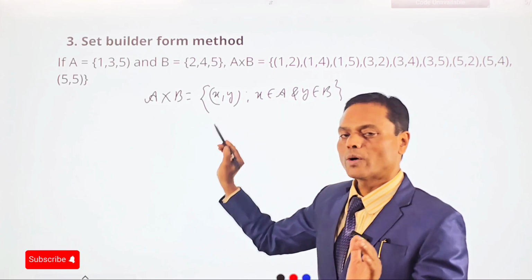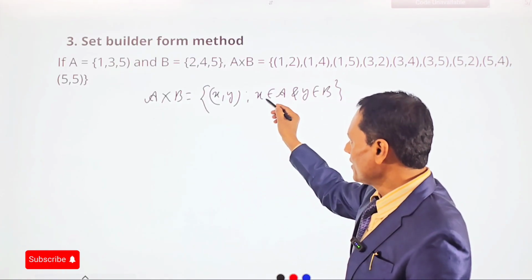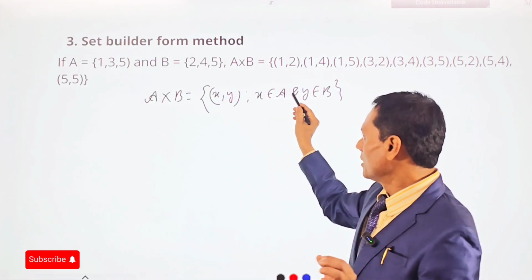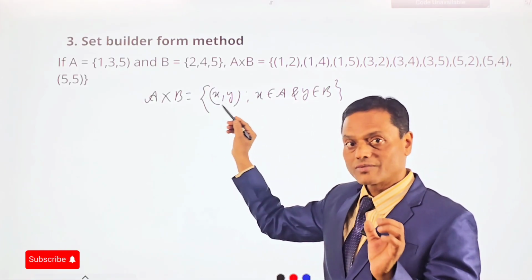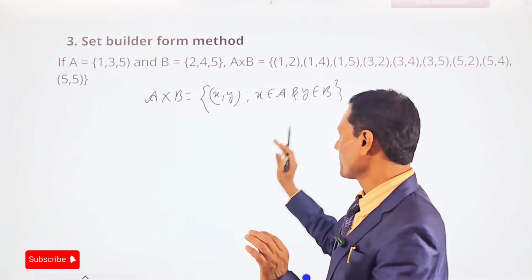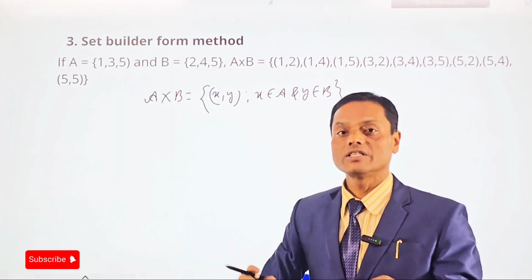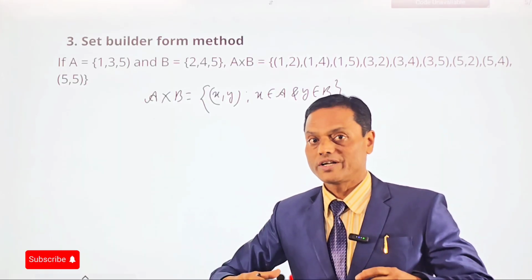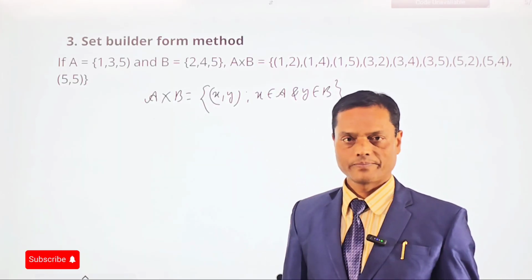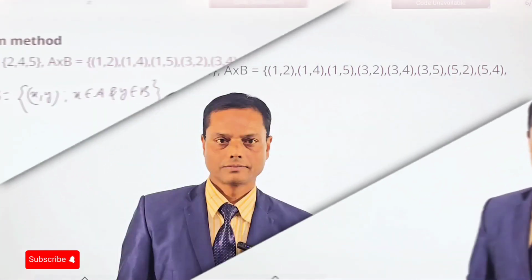Here (x, y) means x is the first element and y is the second element. If x belongs to A, then x is an element of set A, and y is an element of set B. One thing we should not forget is that (x, y) represents all the ordered pairs of the Cartesian product A cross B. So that's the set builder form method.